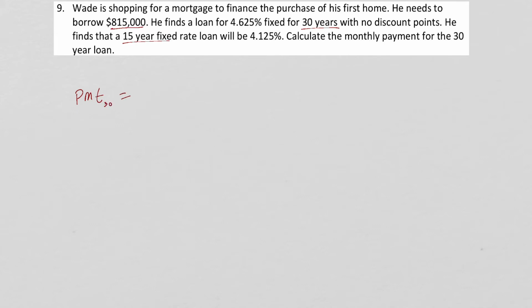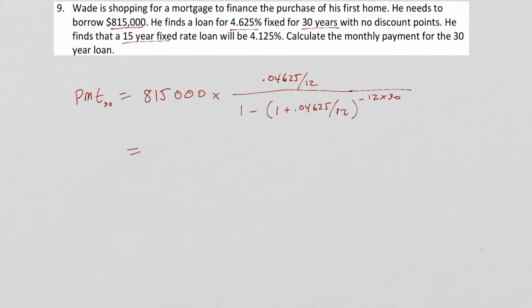This is going to be the amount we borrow times our interest rate, which is in this case 4.625% at 30. 0.04625 over 12, 1 minus 1 plus 0.04625 over 12 to the negative 12 times 30. And this is going to come out to 4190.24.